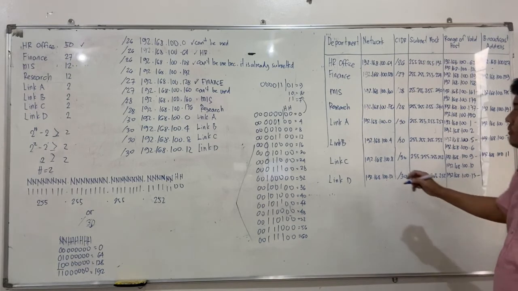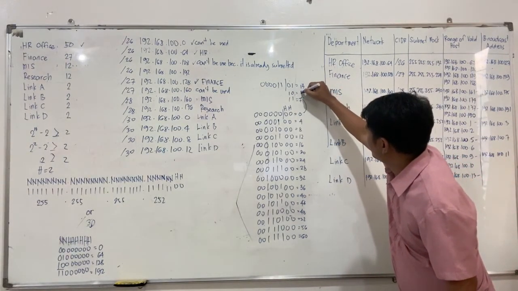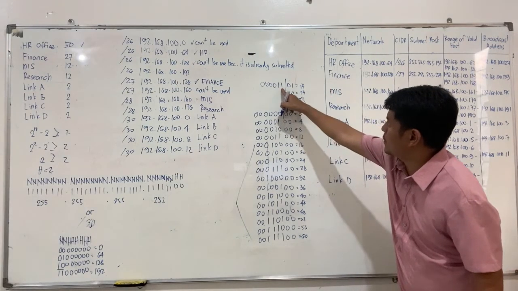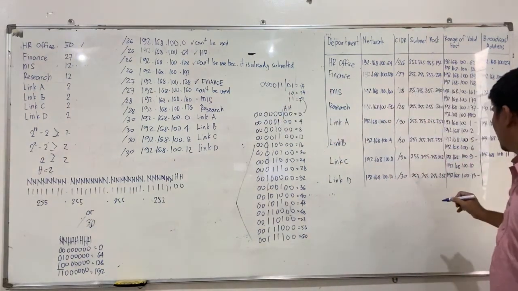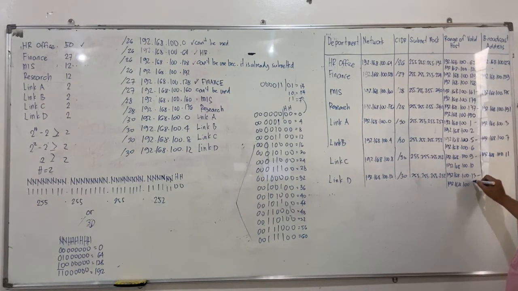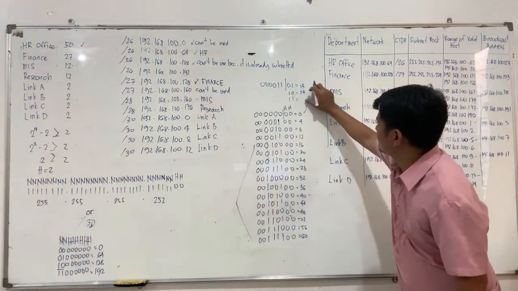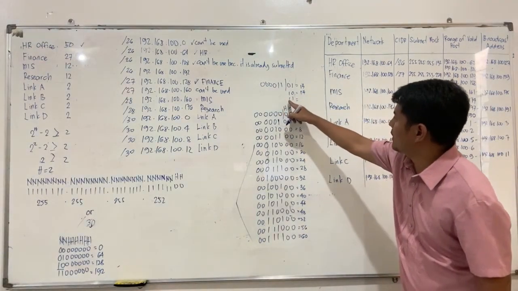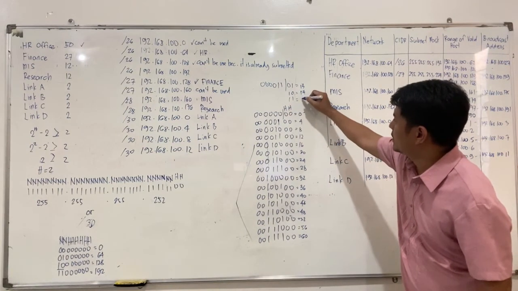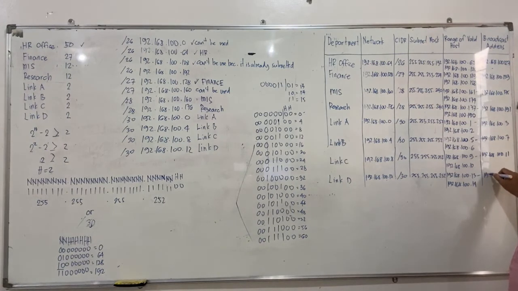Last valid host, 8 plus 4 plus 2, that is 14: 192.168.100.14. And then lastly, 12 plus 2 plus 1, that is 15: 192.168.100.15.